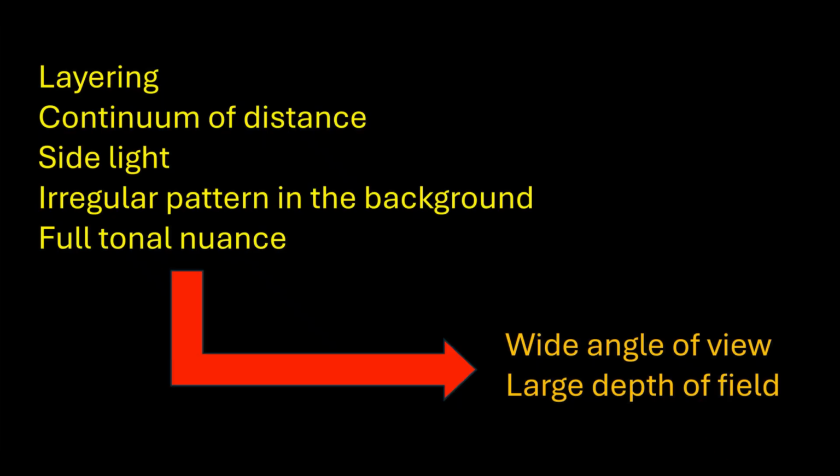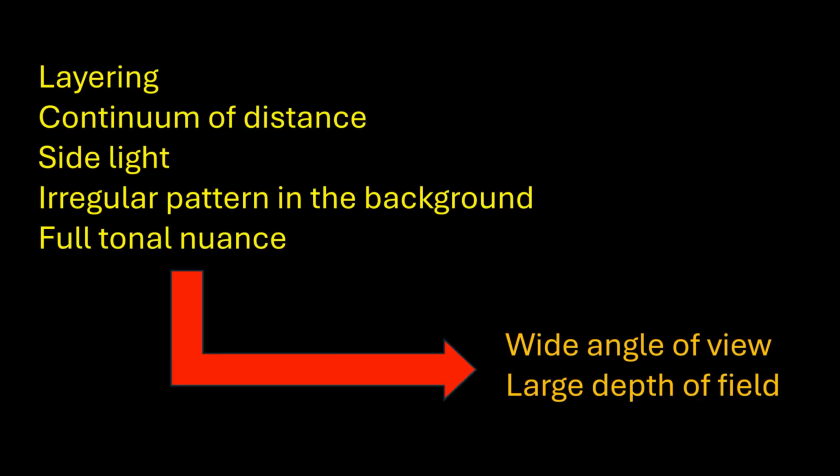We all want our images to look true to life, don't we? There are some compositional tools we can use in order to accentuate the depth in an image, in a scene.